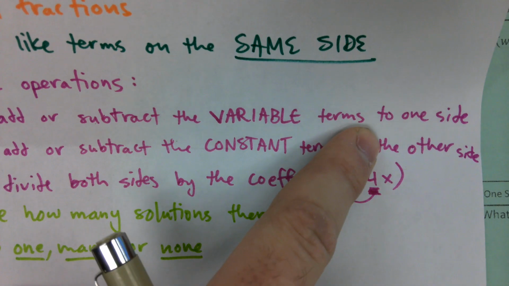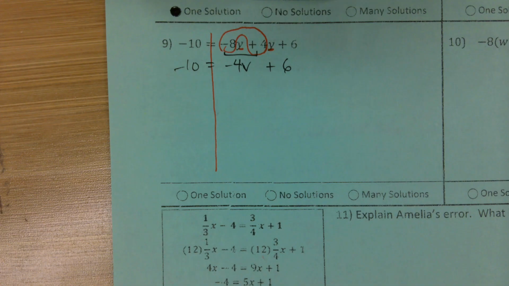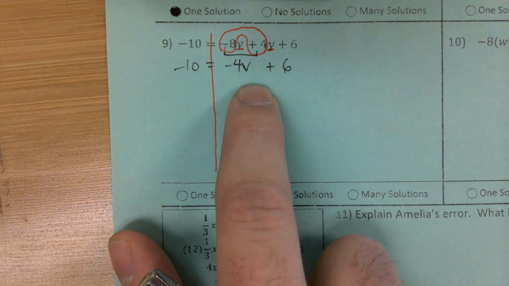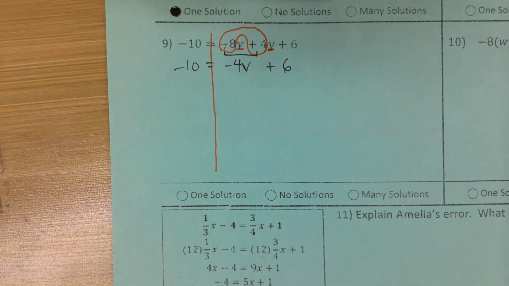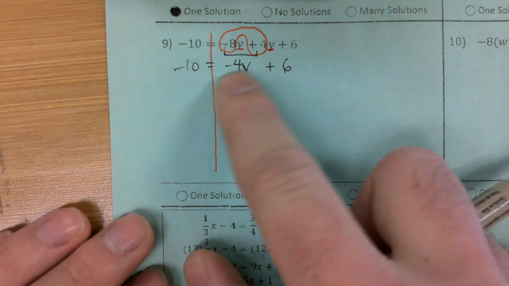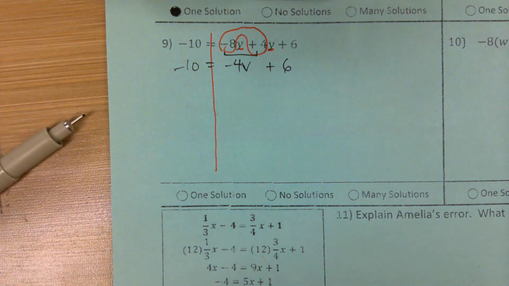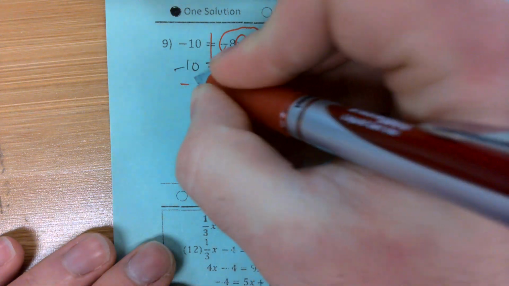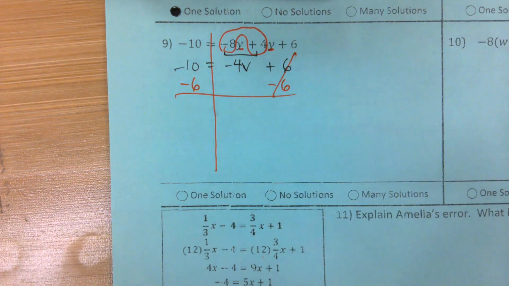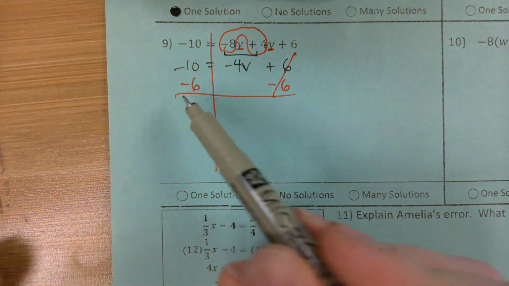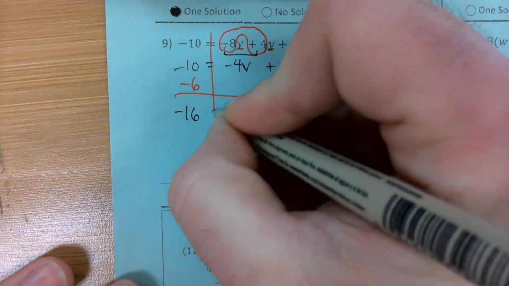All of the variable terms are on one side of the equation. They're just on the right-hand side, which is not typically what we see, but it's still true. All the variable terms are on the right. So instead of moving 4v, we're just going to move 6 over to the left so we can combine it with negative 10 and get negative 16.